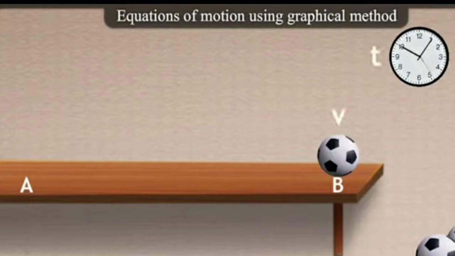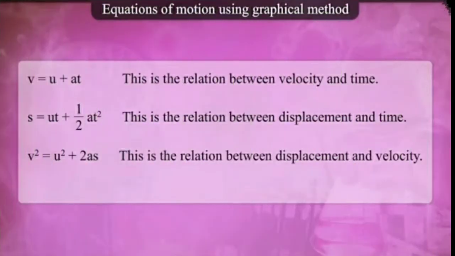Now children, the 3 equations of motion can be written as: the first one, v is equal to u plus at. This equation is the relation between velocity and time.